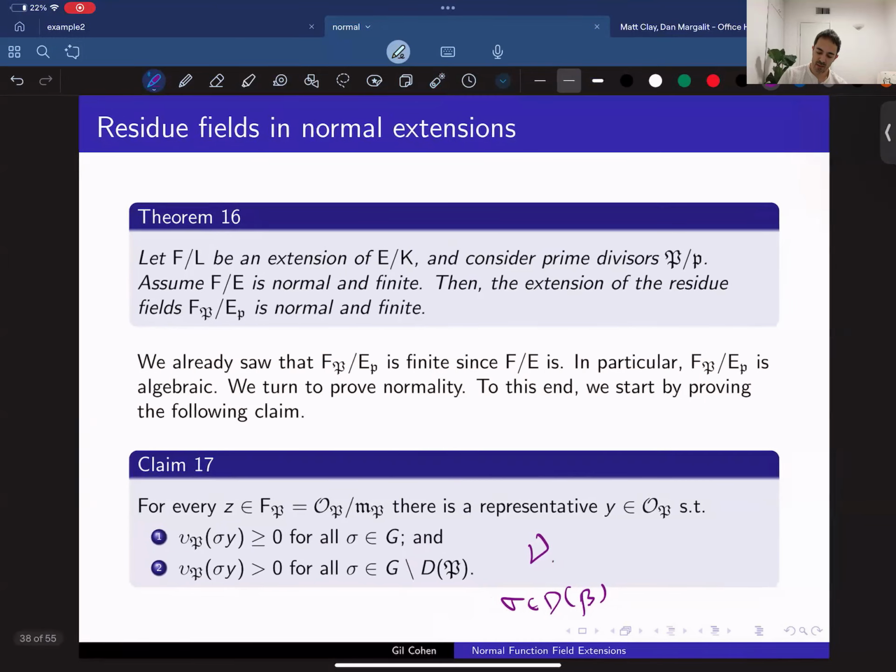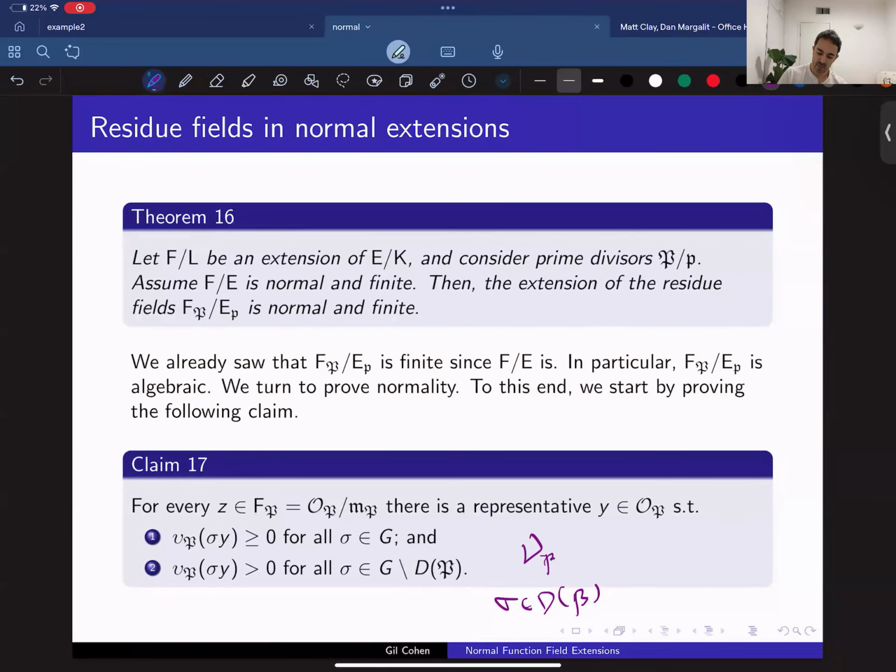And so for every sigma in the decomposition group, we'll have that v, let's see if I can do it without making errors with the sigma inverses. I already started wrong. You have this thing, and now I can apply sigma inverse to both the point and the function. That's kind of how we define v of a sigma of something. And if sigma is in the decomposition group, then sigma inverse is also in the decomposition group. Maybe I should have said that, but we know that the stabilizer is a subgroup.